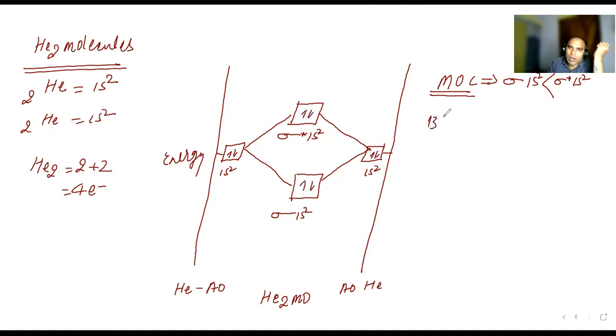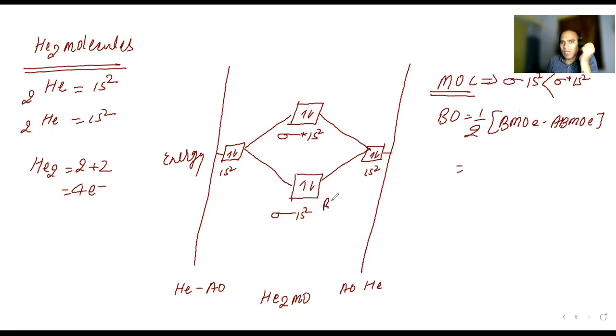Now let us go for the bond order. The bond order is equal to 1/2 in bracket, the number of BMO electrons minus the number of ABMO electrons. The bonding molecular orbital is the lower one because it has less energy, and the antibonding molecular orbital has more energy.